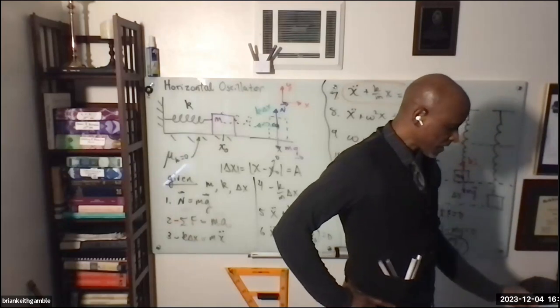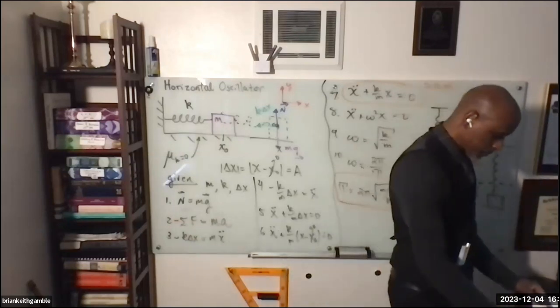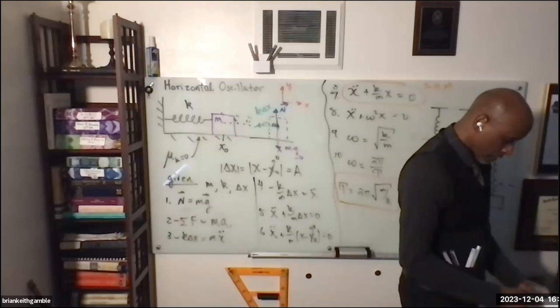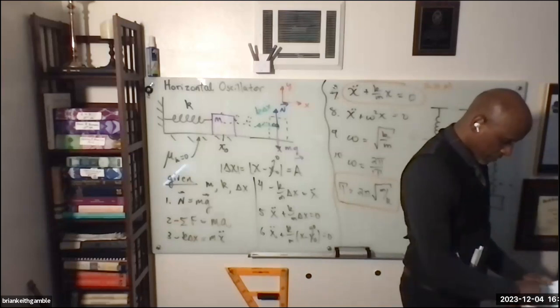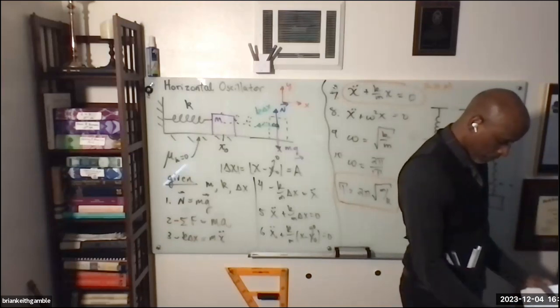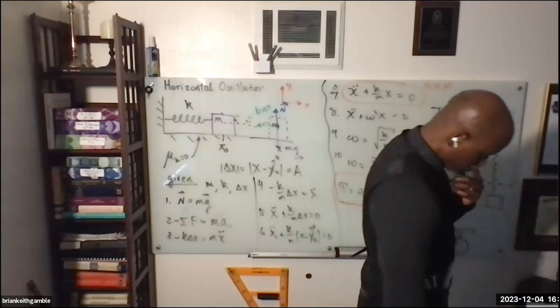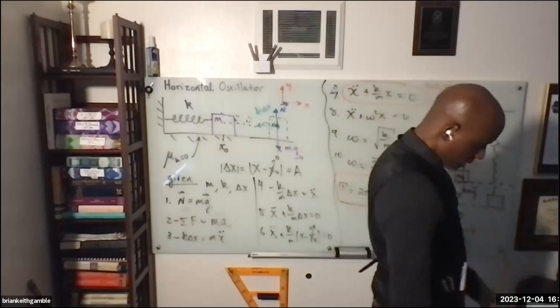But before we run out of time, I think what I want to do is have that problem here. I want to write down the energy, the total energy of an oscillator here.